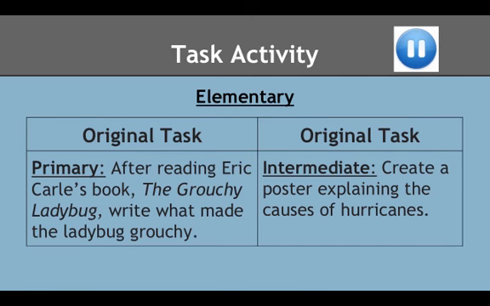Now that we have learned more about rigor and reviewed an example of making a task more rigorous together, let's practice. Review the less rigorous task, then with a neighbor, make the task more rigorous. There are examples of primary, intermediate, and content area tasks on the handout and on the next slides.